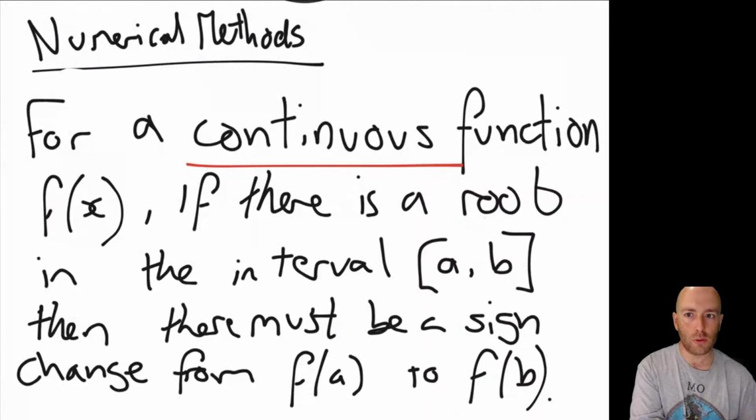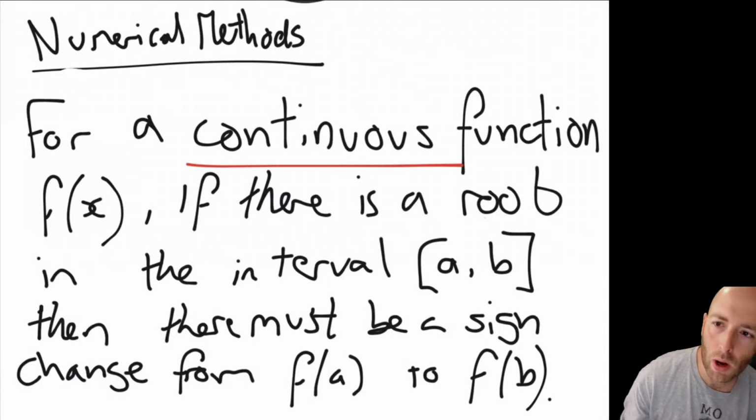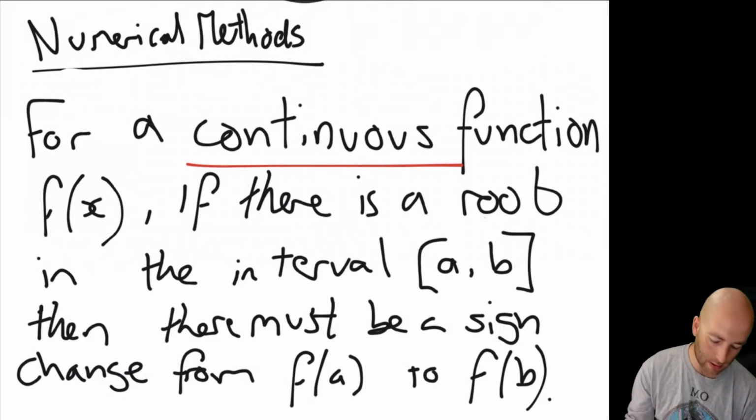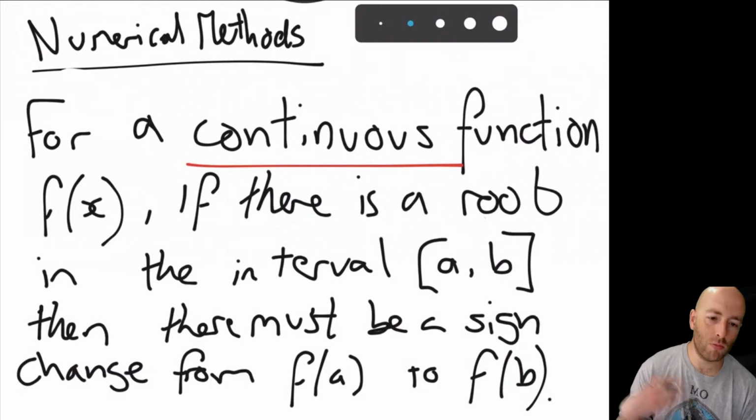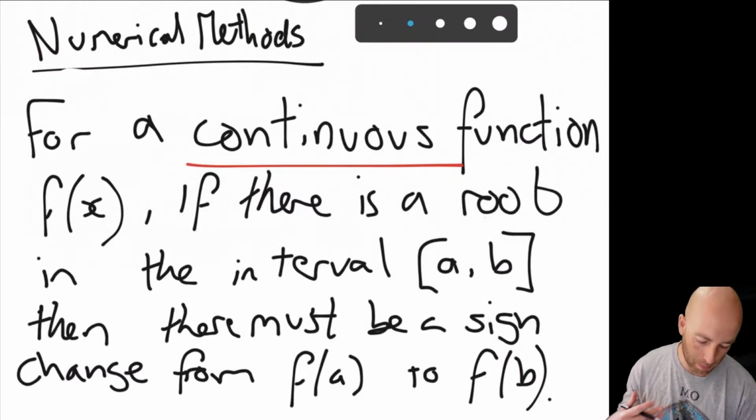Right, any ideas? What is a continuous function? There's a y value for every x value in the domain. Yeah, nice, cool. So a continuous function basically means there's no asymptotes, no weird bits where bits aren't mapped.